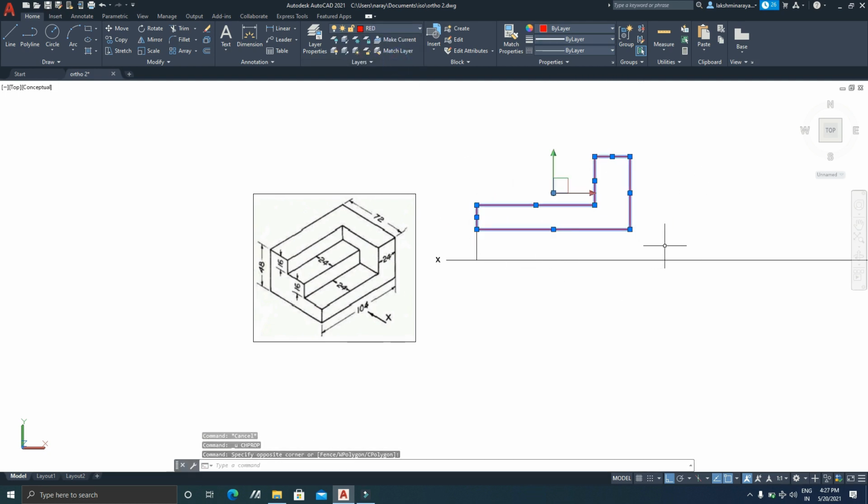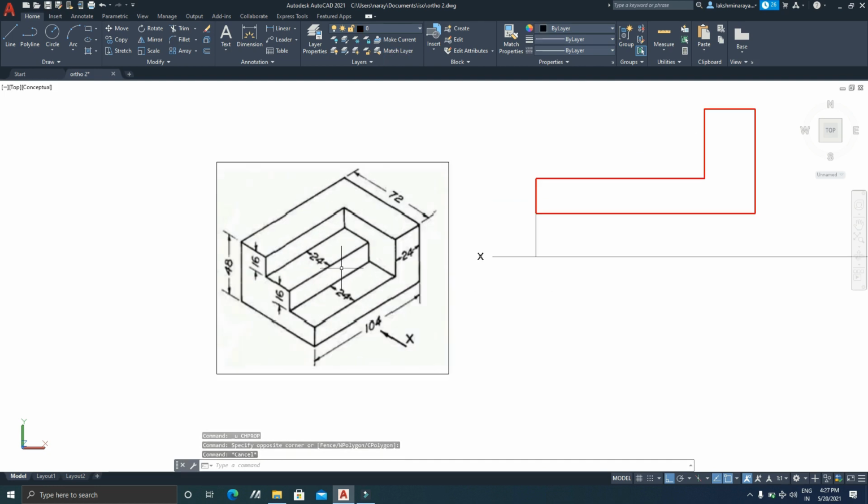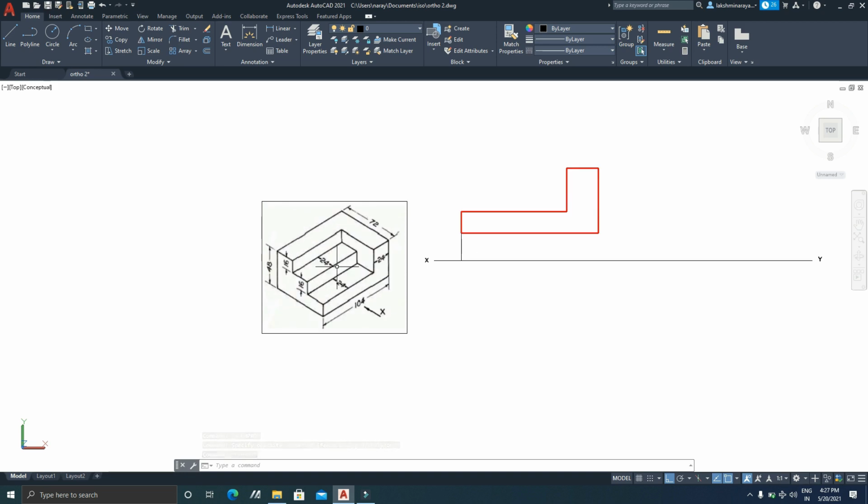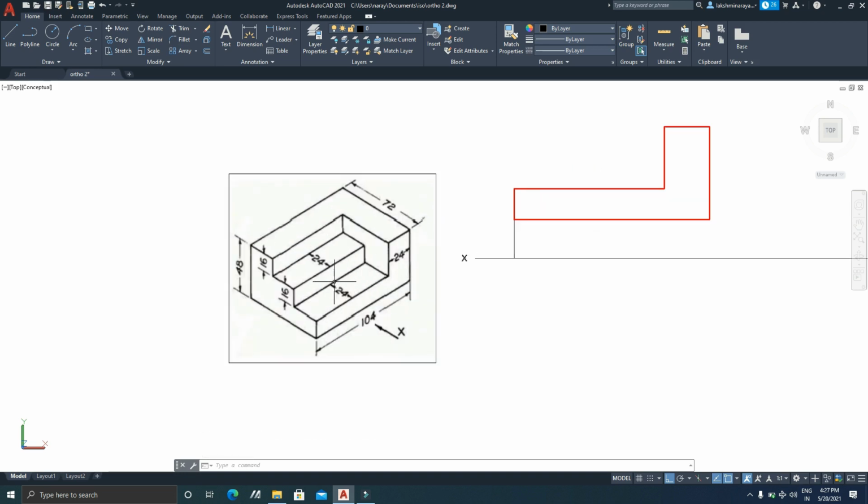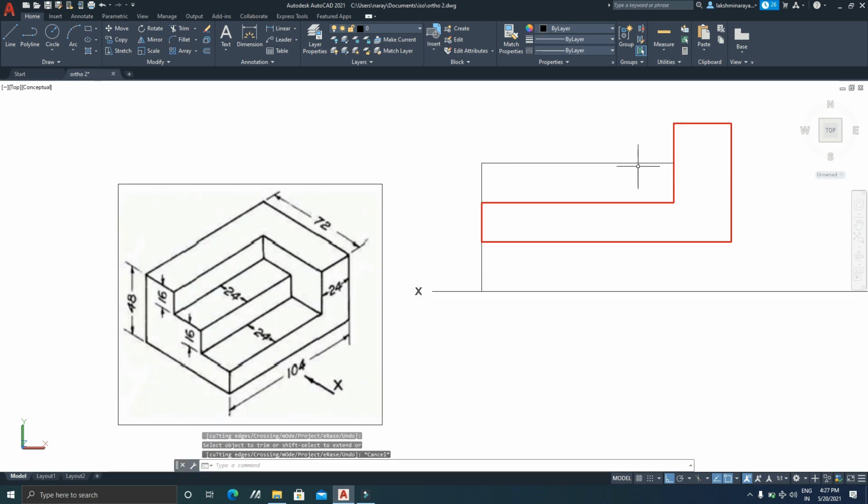We can highlight this. Now we are able to see two more profiles, this rectangle and this rectangle. So let us draw those. This is 16 and this is 80. So 16 mm width and 80 mm length. From that you need to draw a vertical line whose length is equal to 16, and a horizontal line which is of 80 mm length.